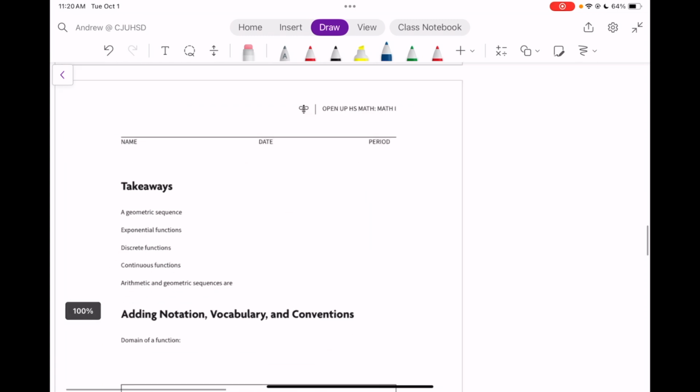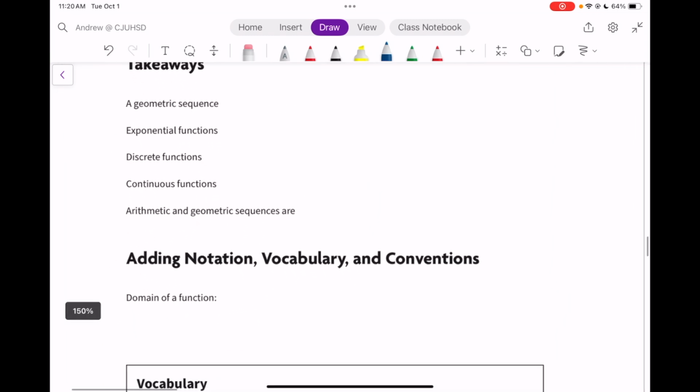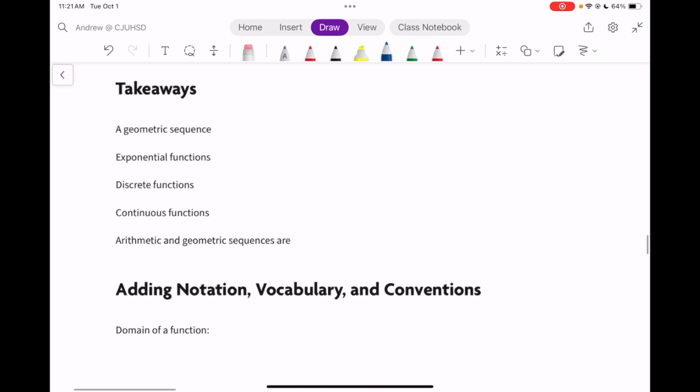Now, we definitely need some vocabulary here. So let's look at our takeaways. A geometric sequence, we said that's one where you multiply. An exponential function is related to a geometric. We'll explain why in just a second.